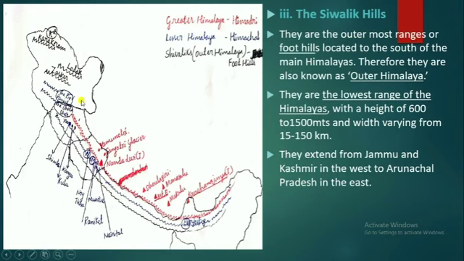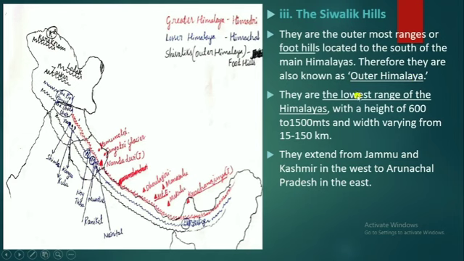If we consider the Himalayas as big mountains, the Shivaliks are coming in the foothills. Therefore, they are also known as the Outer Himalayas. Since they are at the boundary of the Himalayas, they are also called the Outer Himalayas. So remember these 2 points: the Shivalik hills are called foothills and also the Outer Himalaya.